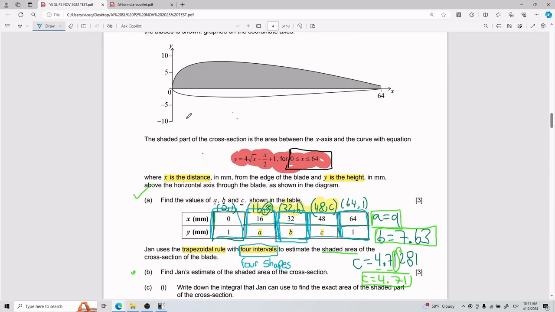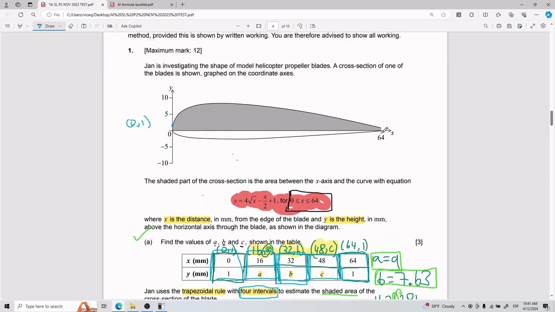If you go ahead and put that in your graph, you're going to end up with this guy here. You're going to end up with 16, 9, which eyeballing it would be around here. Around here, we're going to call it 32, 7.63.